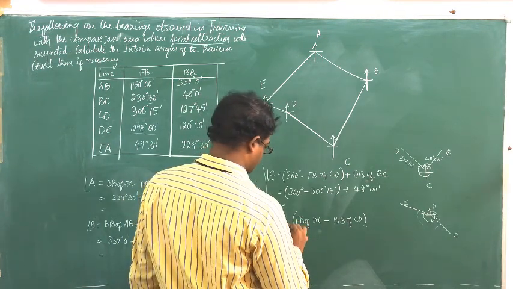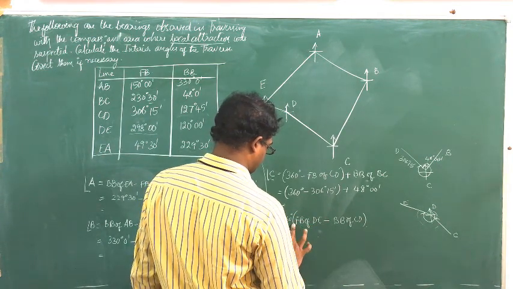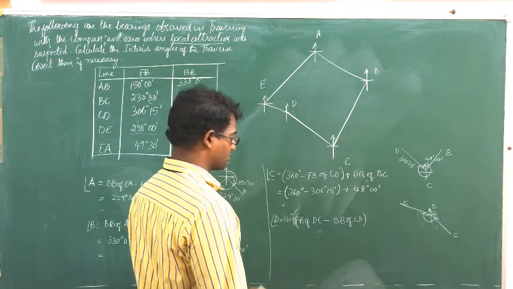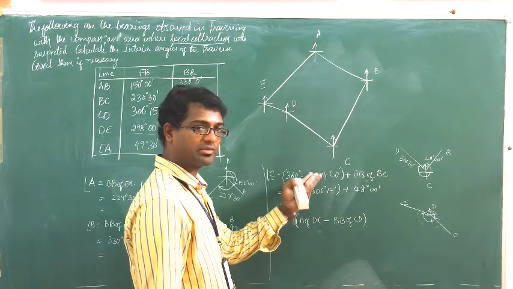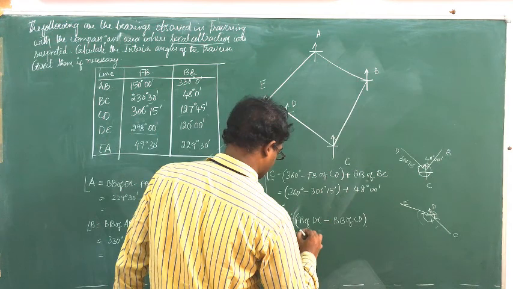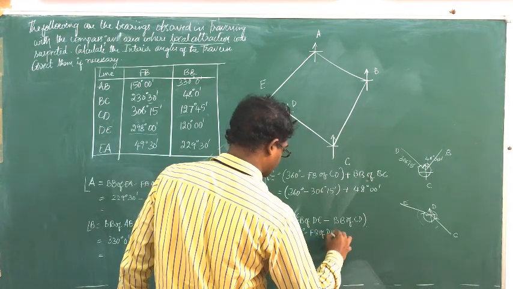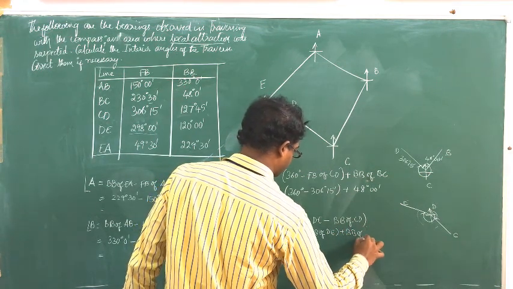So 360 minus this angle. This can also be written as 360 minus bearing of DE plus back bearing of CD.